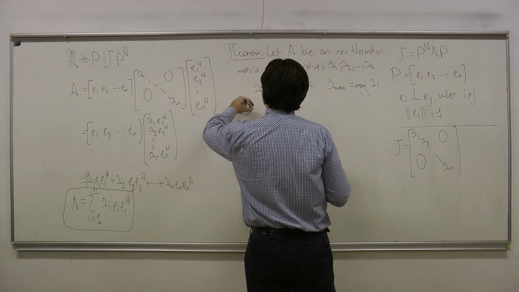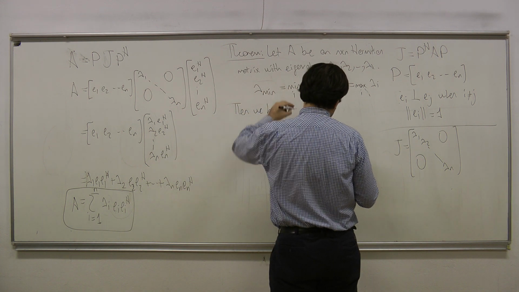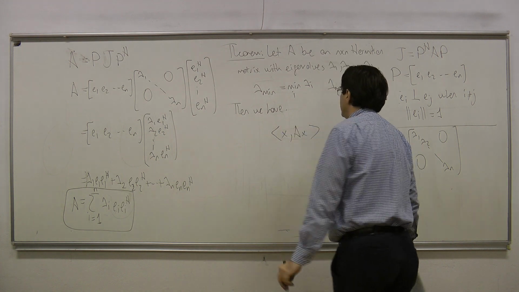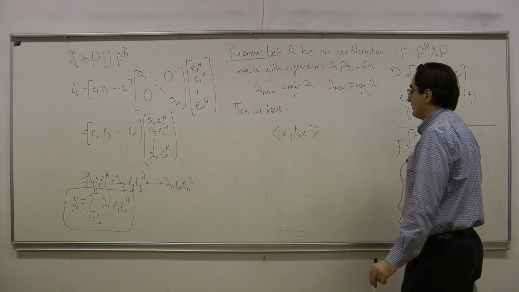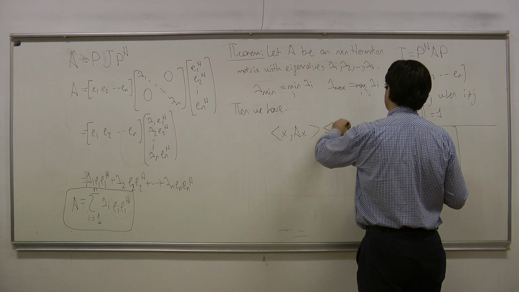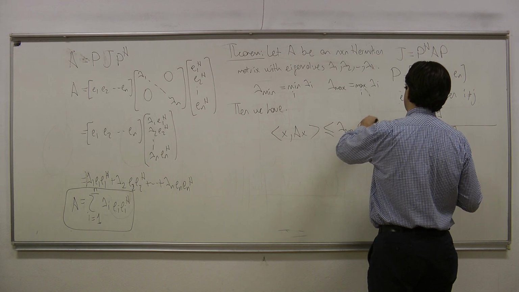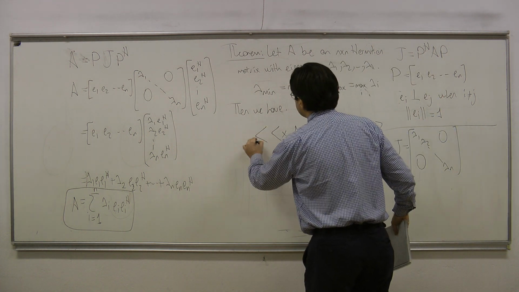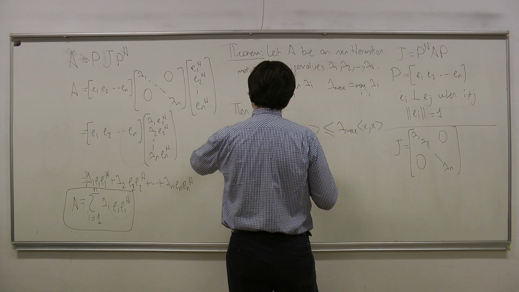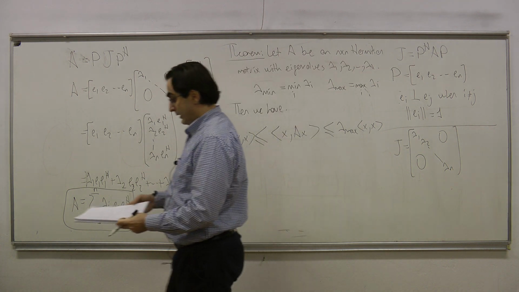Then we have x Hermitian A x. We know that such an inner product is always real, always smaller than or equal to lambda max x Hermitian x, and always larger than or equal to lambda min x Hermitian x.